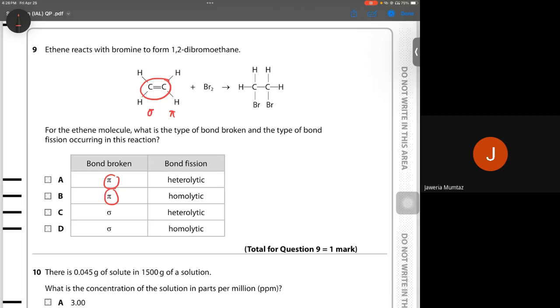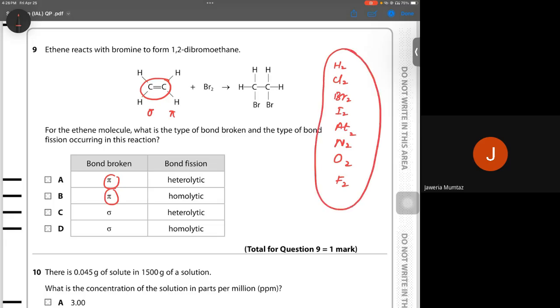Remember, listen very carefully. If you have a non-polar molecule, such as H2, Cl2, Br2, I2, At2, N2, O2, F2, these are non-polar diatomic molecules.